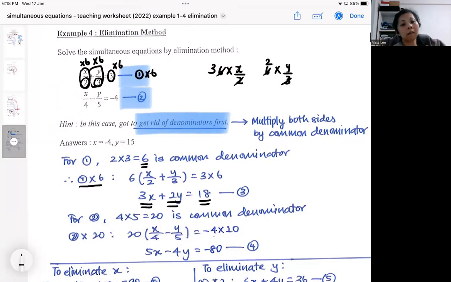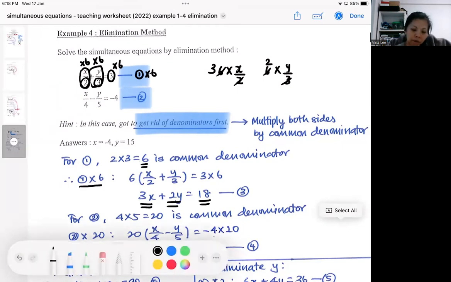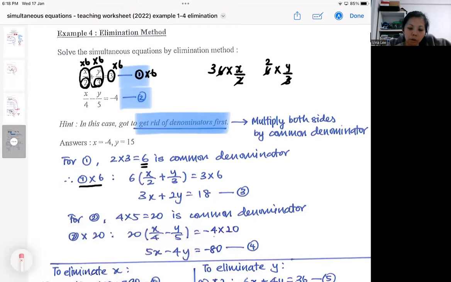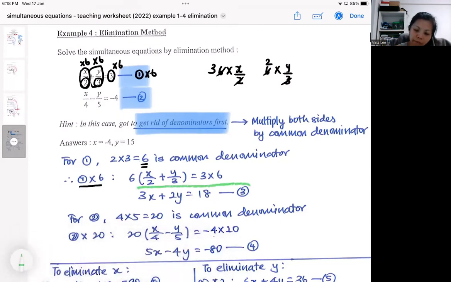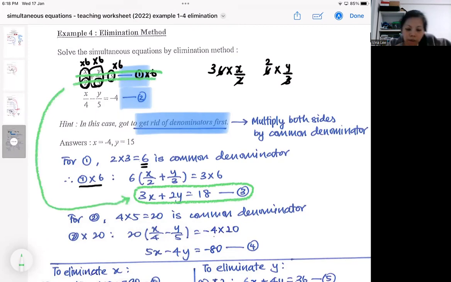So from here, there are no more fractions. So you will be focusing on this equation. Equation 1 is already gone. You already changed it to this one.